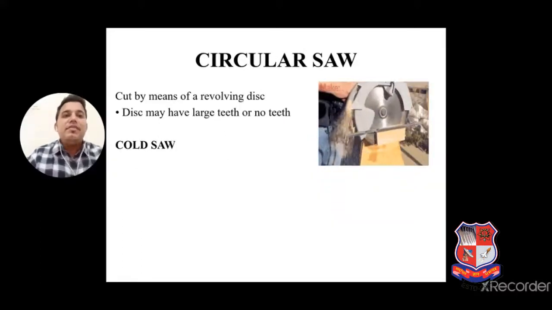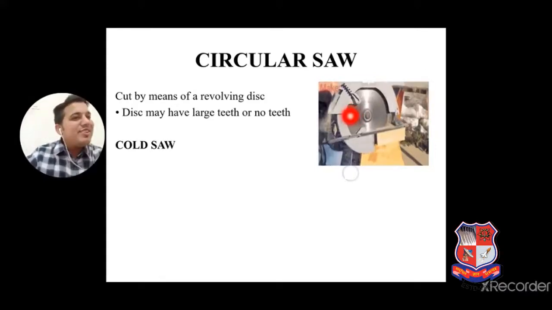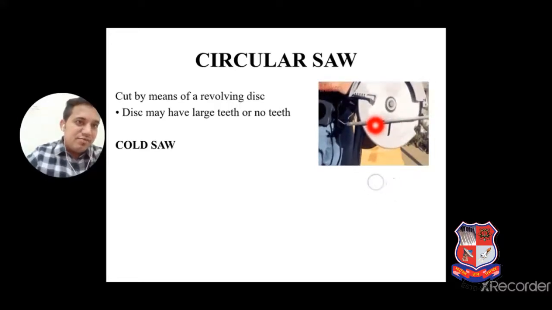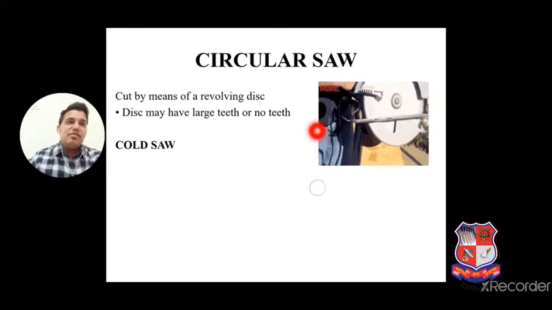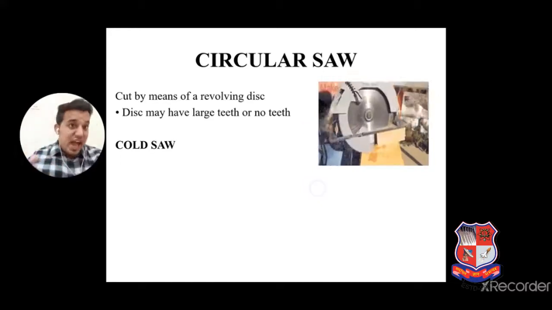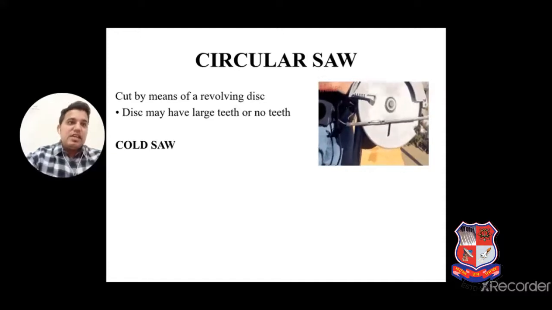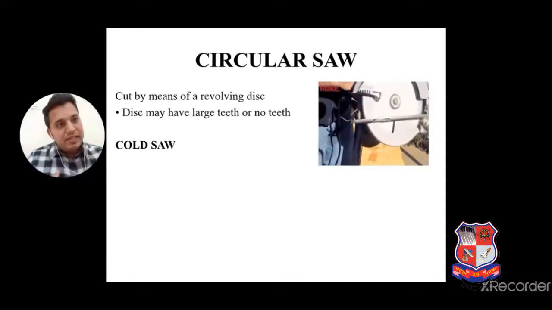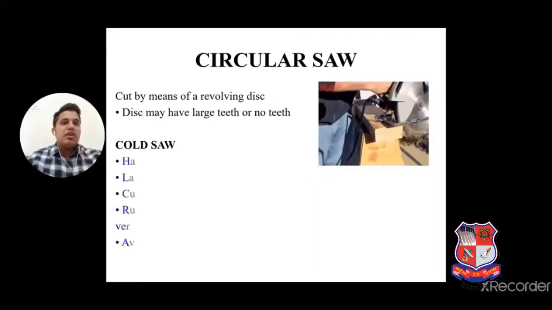So up to end we have to learn the circular saw. You can observe here the circular saw, we cut particularly wooden blocks. It cuts by means of a revolving disc that may have large teeth, or no teeth. When the abrasive plates are there, at that time we can consider no teeth. So the first type is the cold saw.